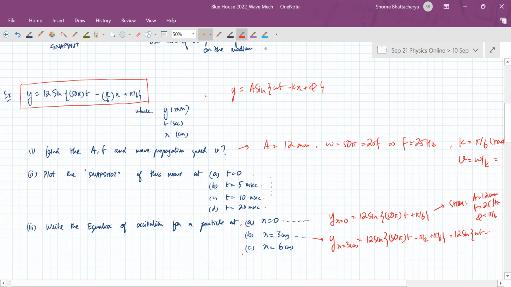So in comparison, this one is an SHM with the same amplitude, same frequency, but with a phase term of minus pi by 3. If you compare these two, they are SHMs with the same amplitude equal to 12 millimeters, frequency equal to 25 hertz, but a phase difference of pi by 2.